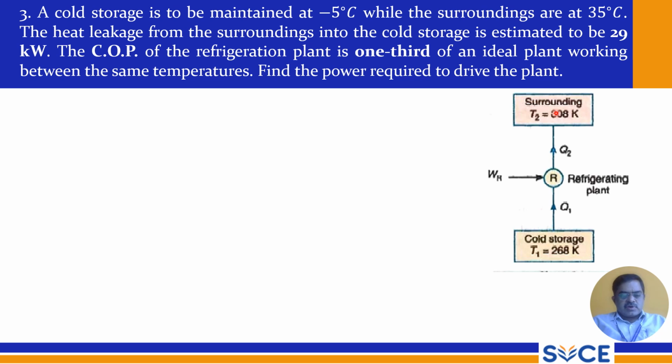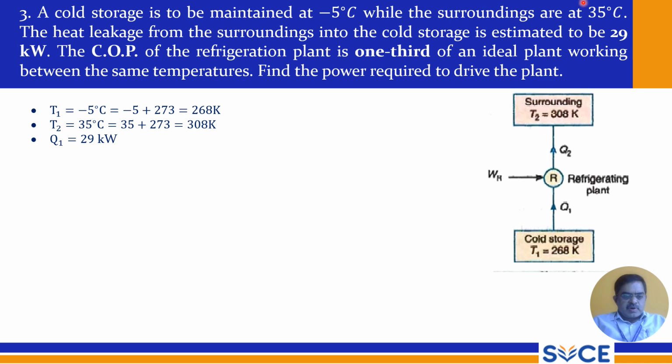So this is the problem statement simplified in this diagram. T1 is 268 and T2 is 308 Kelvin. Q1 equal to 29 kilowatts is given in the problem statement.